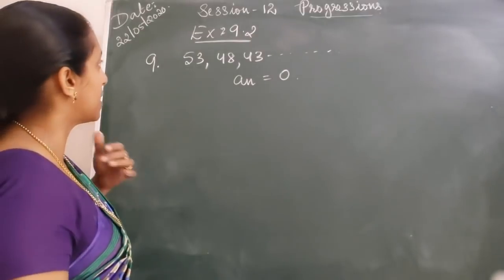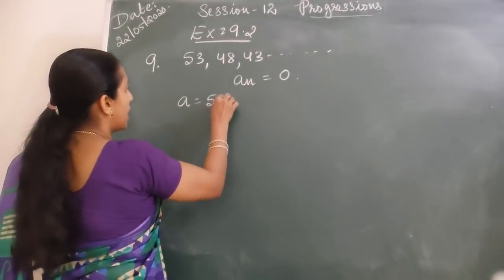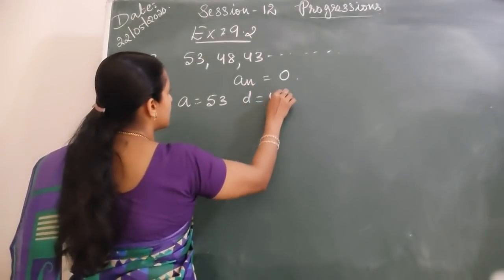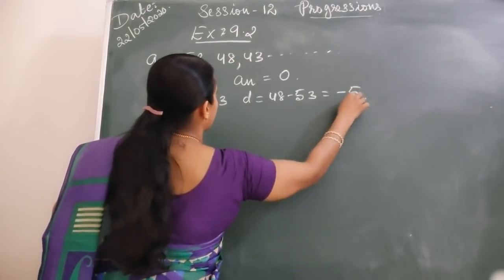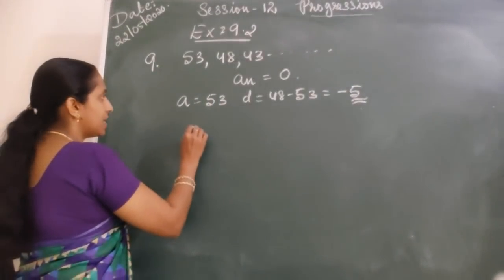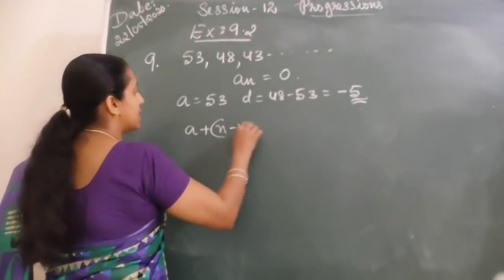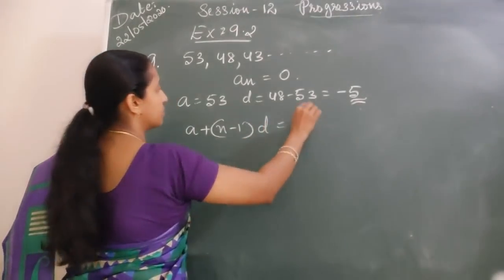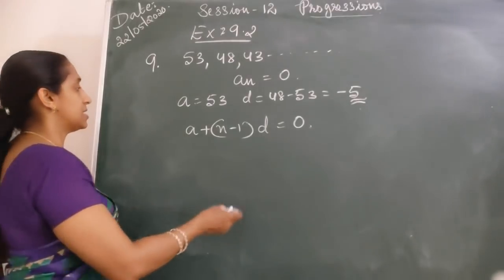What is A here? A is 53 and D is 48 minus 53, that is minus 5. So we need A plus n minus 1 into D as 0. Then only we can find the next term will be negative.